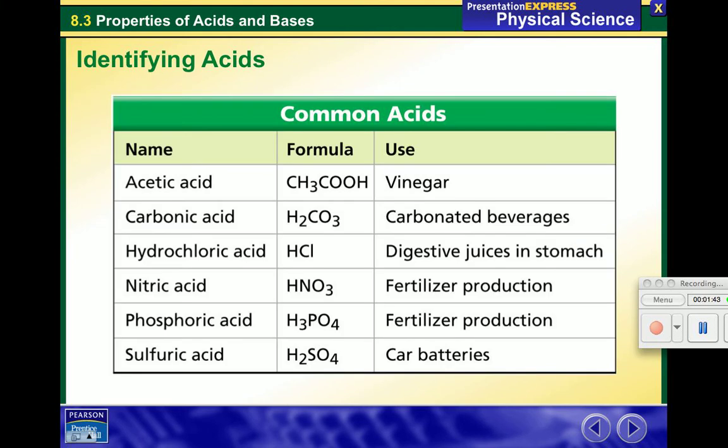And as you can see from the chemical formulas, you can pretty easily pick out what's going to be an acid. Anything that has a hydrogen at the beginning will dissociate. The positive part will separate from the negative part, and this positive part is hydrogen, so it will attach to water and become hydronium.